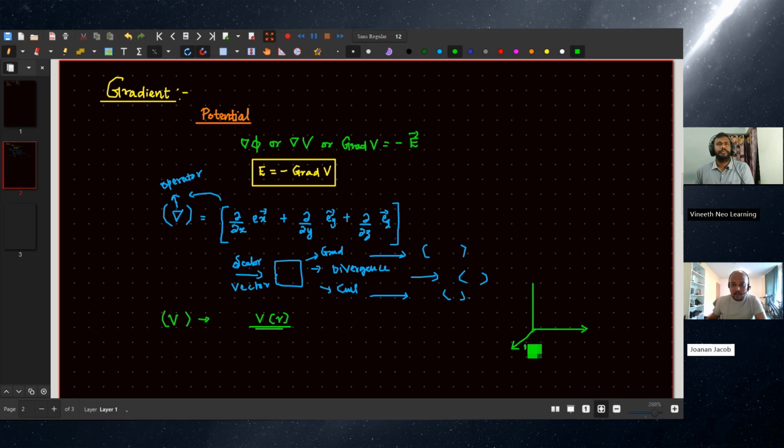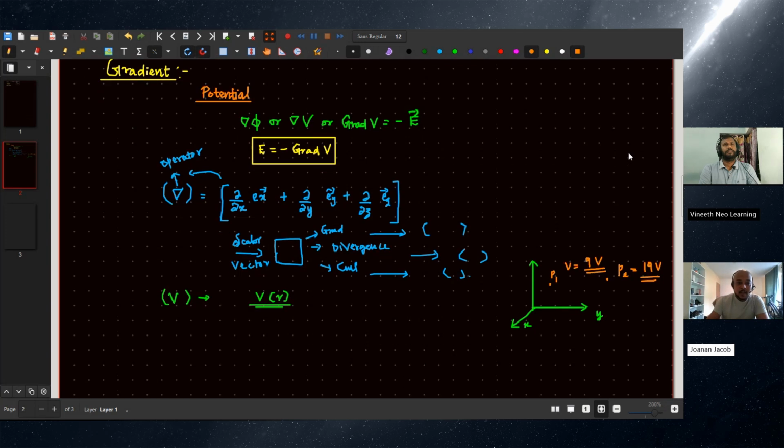Suppose we have an x, y, z plane here, and at point P1 the potential is let's say 9 volts, and at point P2 the potential may be, let's say, 19 volts or something like that. So a scalar field simply means a number or a function which has different values at different points in space.